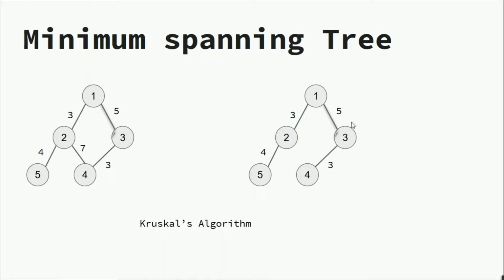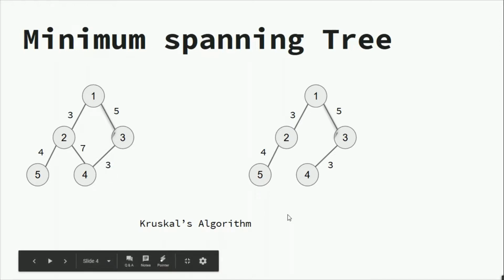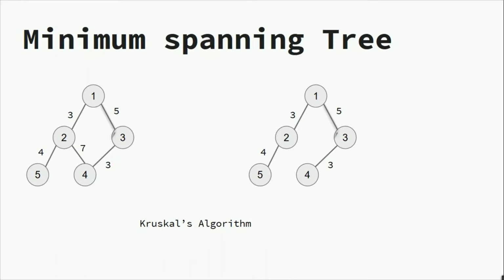That's why this is a minimum spanning tree. And the algorithm that we will use to find the minimum spanning tree is the standard Kruskal's algorithm, and Kruskal's algorithm uses disjoint sets for its implementation. So disjoint sets can be used to find the minimum spanning tree as well.